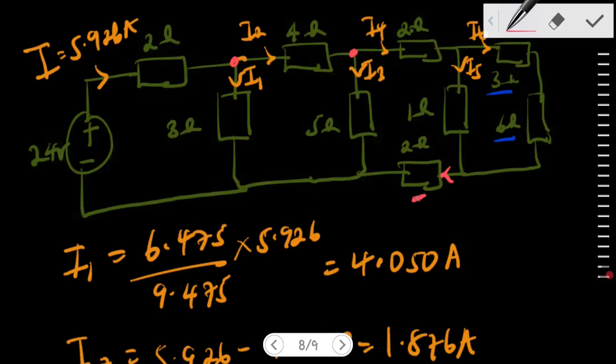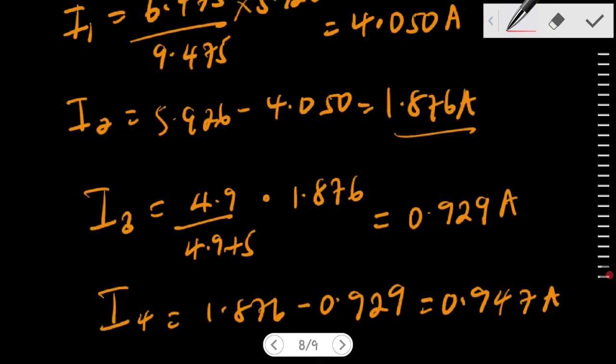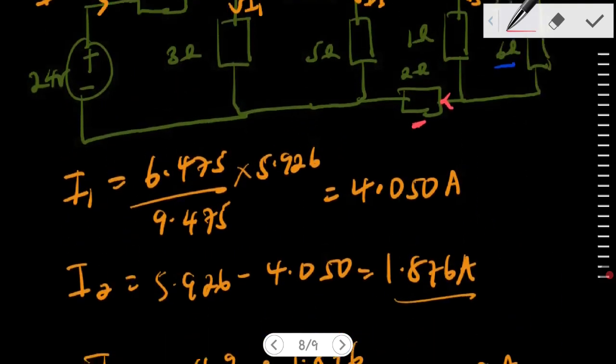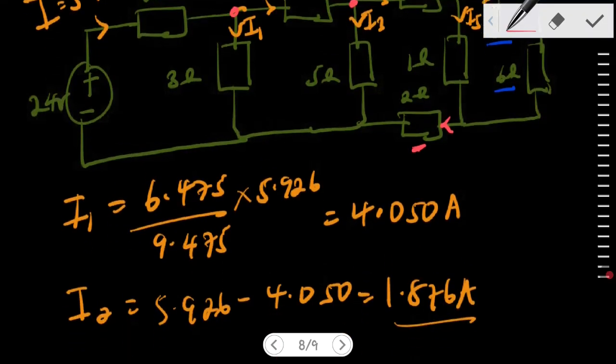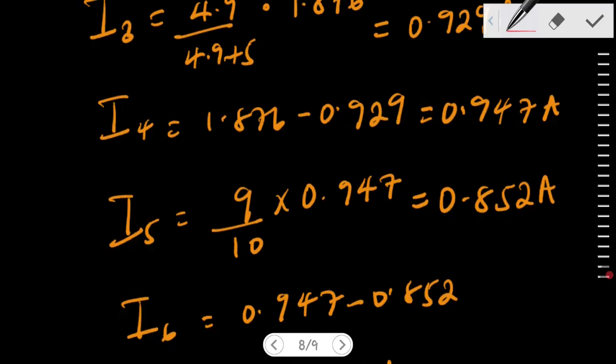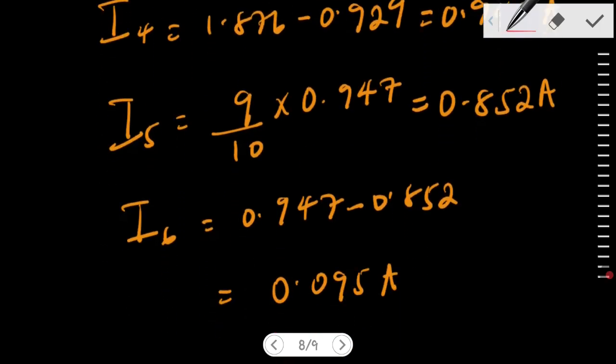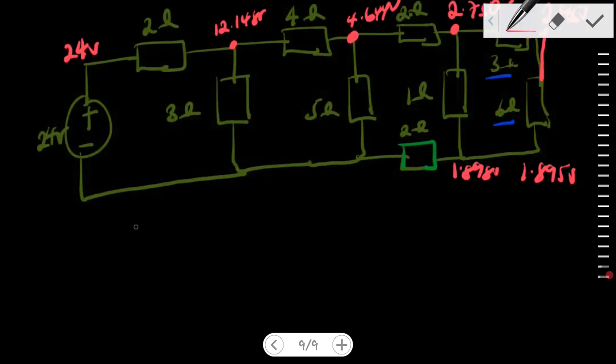I5 was 0.852 plus I6, which was 0.095, gives 0.947 amps.